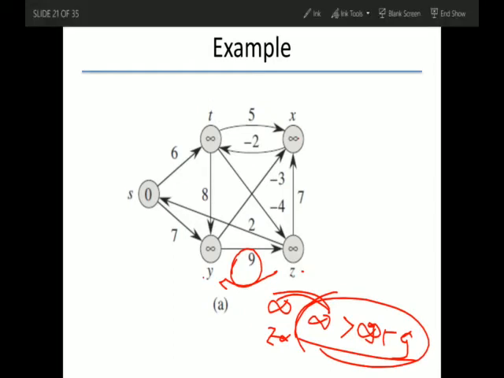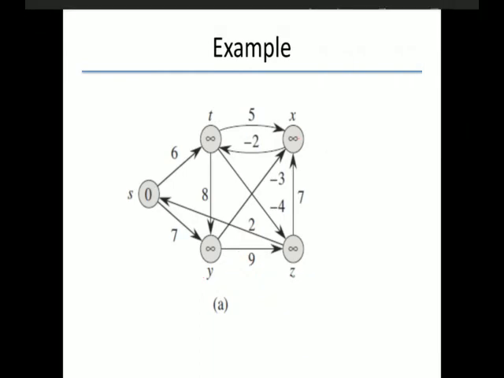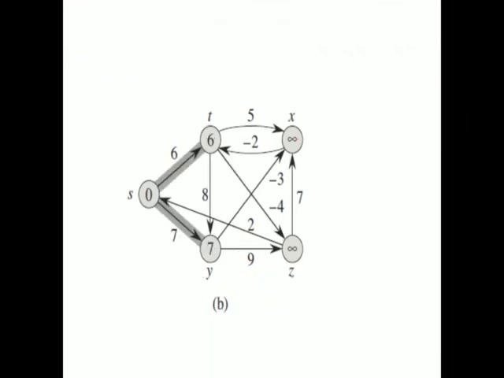So in the first iteration, these two values will be updated. So t and y will be updated with 6 and 7, the shortest path estimates, and the shaded arrow is showing that their predecessor is s. So s to t is 6 and s to y is 7.